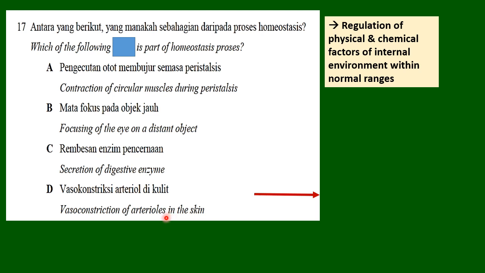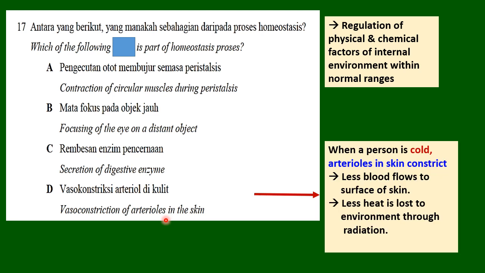Let's look at the vasoconstriction of arterioles in the skin. This process helps to regulate the temperature of a person when feeling cold. The arterioles in the skin will constrict, so the lumen becomes smaller. We call that vasoconstriction of arterioles.